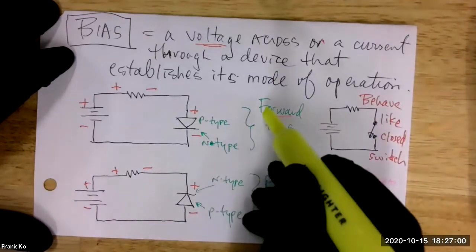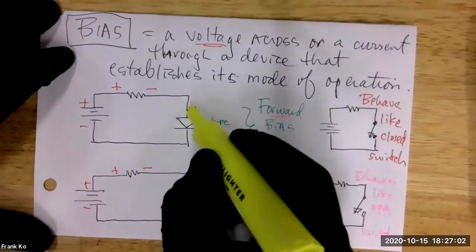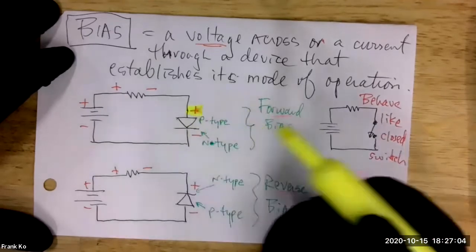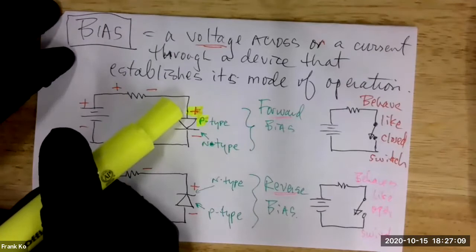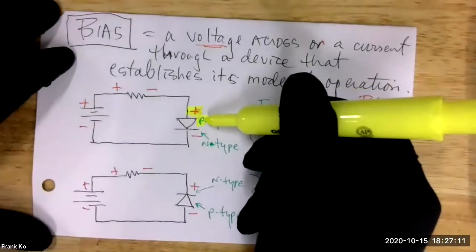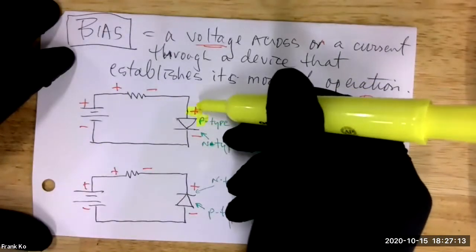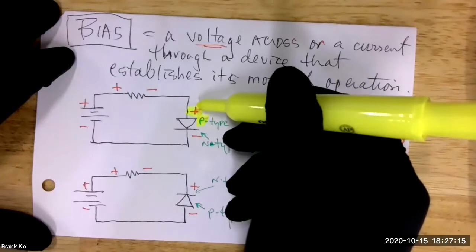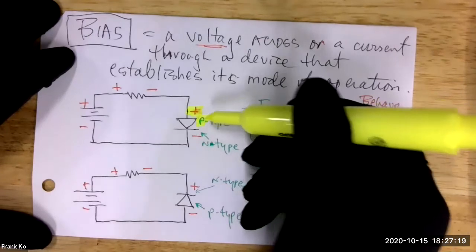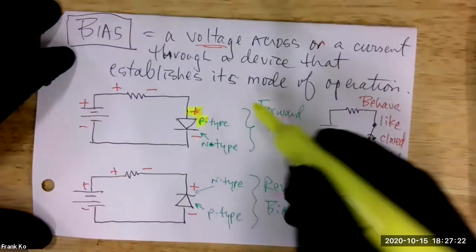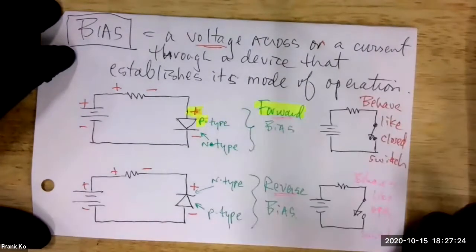So here we go. This is called forward bias because of what polarity is being presented to my P-type material? The word positive starts with what letter, and the material starts with what letter? So when I have positive to P, I have an opportunity for forward bias.